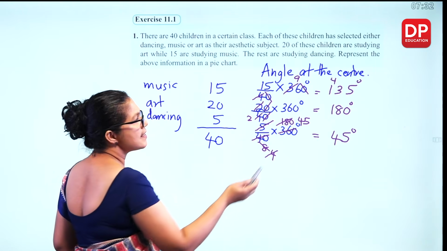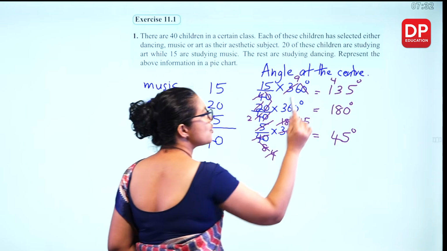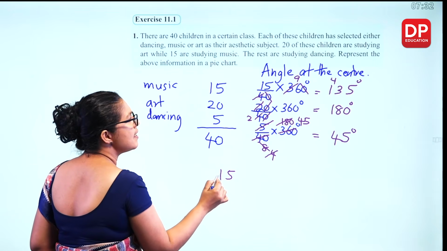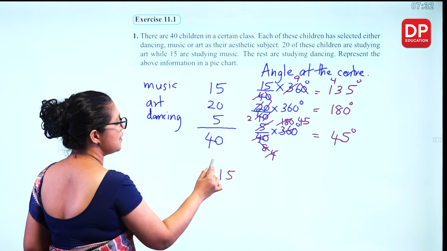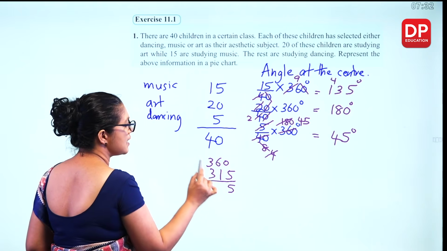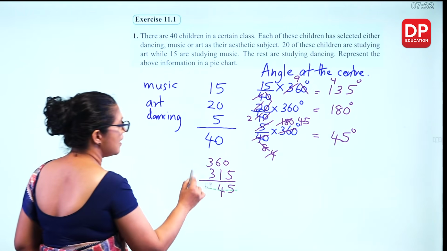Now we'll see whether it's correct. When you add these two, what do you get? 5, 8 plus 3, 11. So 315. 360 minus 315, you get 45 degrees. So that's correct.